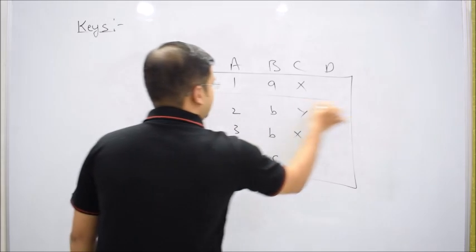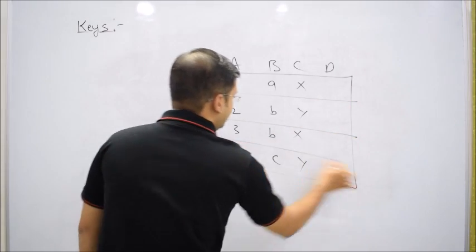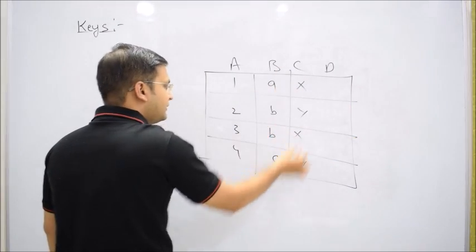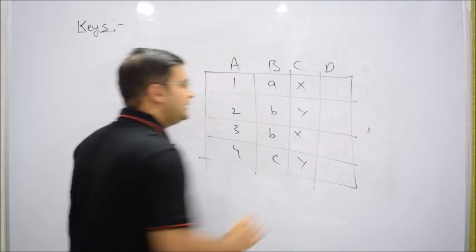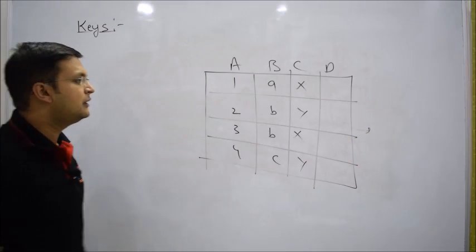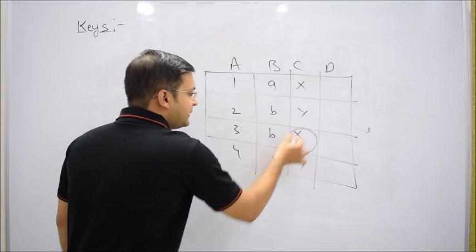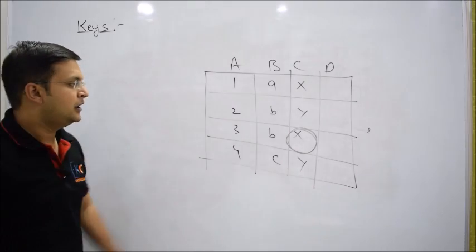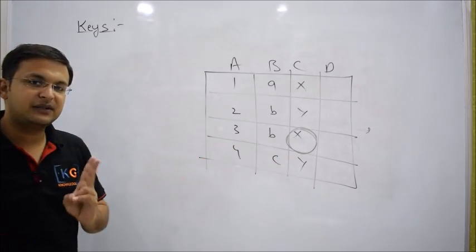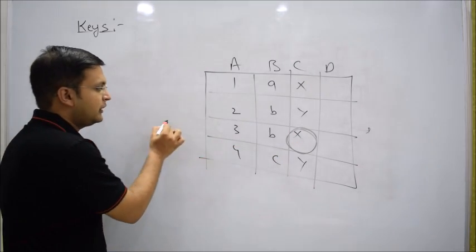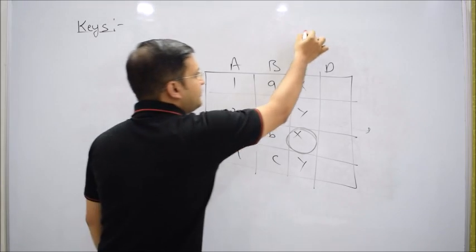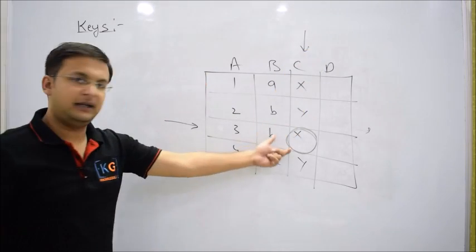If we have stored some data in a table, then we must be in a position to retrieve that data. Suppose I want to access a particular cell. To access a cell I must tell you two things, that is, the address: for which row and which column I want the data.